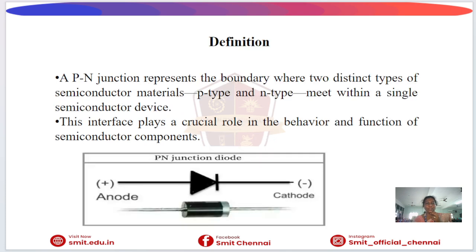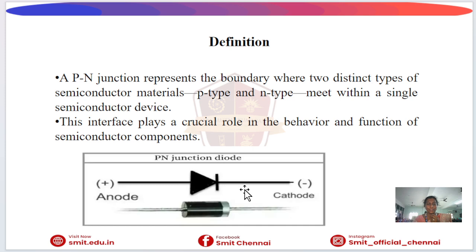So first, what is the definition of the PN junction diode? The PN junction diode is formed when a P-type semiconductor and an N-type semiconductor are joined together in a single crystal structure. The boundary formed between these two regions is called the PN junction.